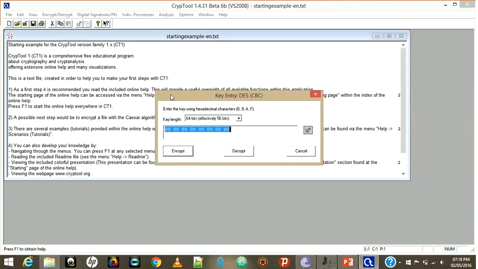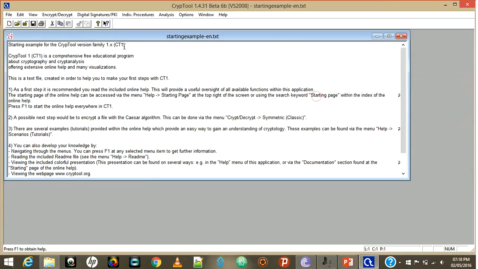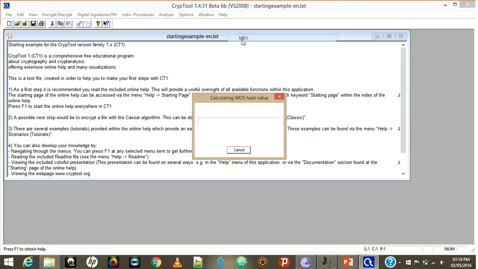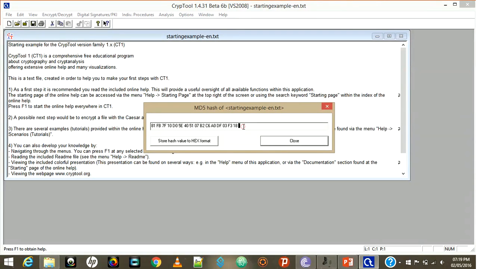For encryption we should have a key to encrypt the message. So first go and click on Hash. In Hash go to MD5 and click on that, and you will get this key.